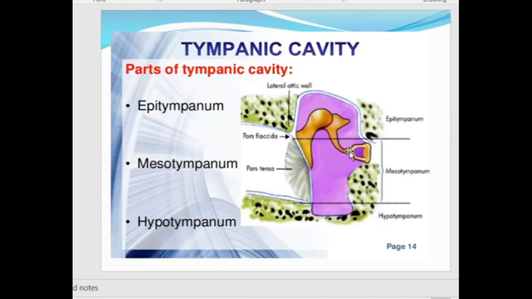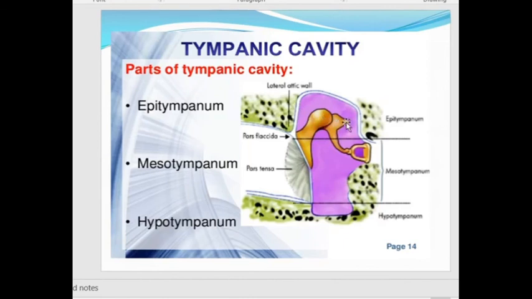This is the head. طبعا بالنسبة للإنكس back again, this is the body, this is the long process. The body of incus والhead of malleus موجودات بالأتيك region and they are protected from the exterior by the bony outer attic wall وجزء منه هو البالس flaccida.